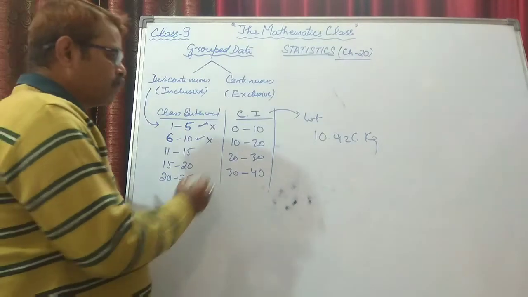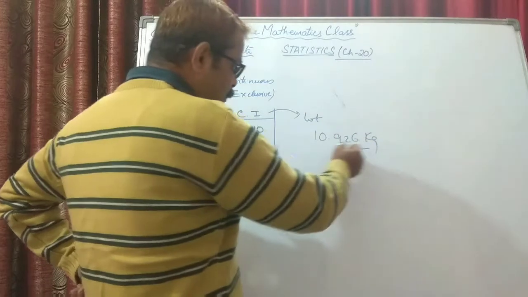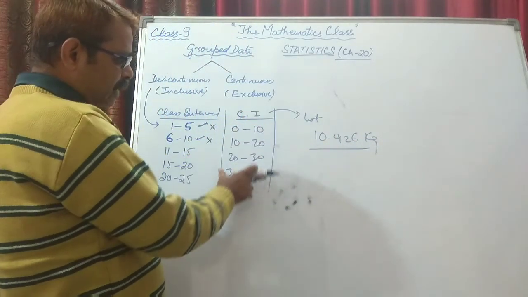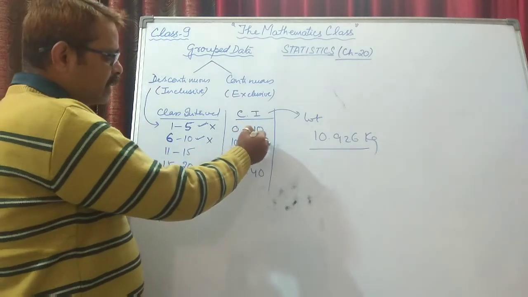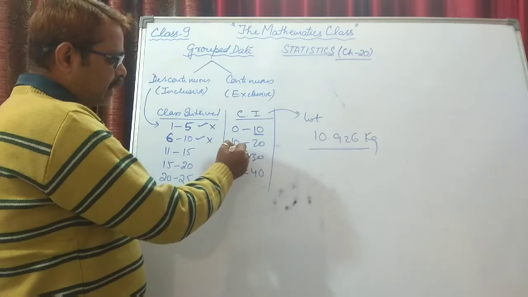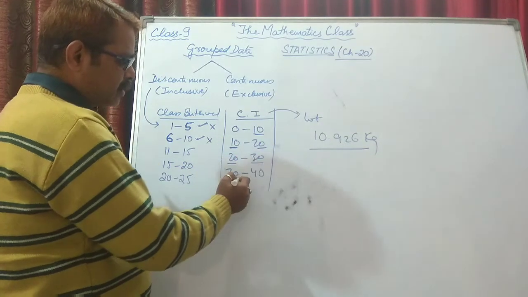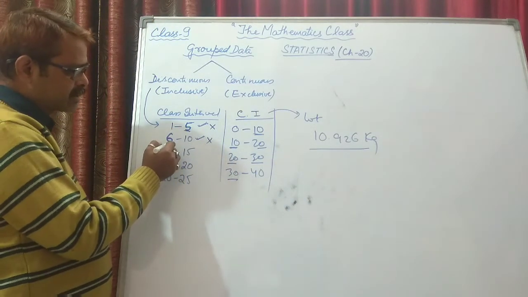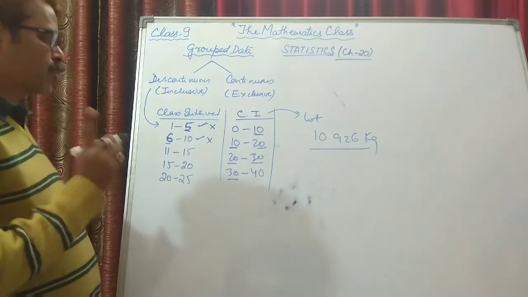It can be accommodated in the second class, because this type of data is continuous. It is ending at 10 and again starting at 10, ending at 20, starting at 20, ending at 30, starting at 30. But here ending at 5 and starting at 6 makes a gap of 1 unit, so it is discontinuous.